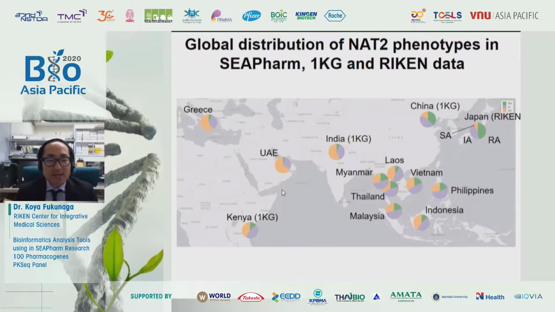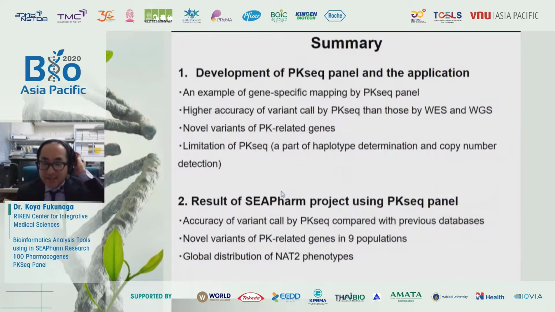Surprisingly, Laos and Indonesia showed a higher slow acetylator frequency than the other Southeast Asian countries. Japan and China showed very low frequencies. Therefore, these data suggested that the slow acetylator frequencies of SEAPharm were intermediate compared with European and East Asian populations. These are very precious findings.